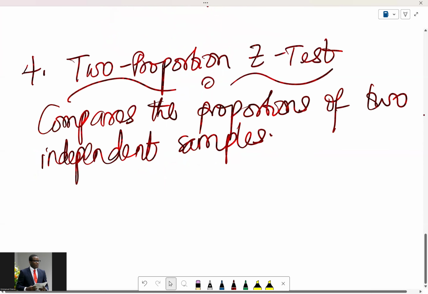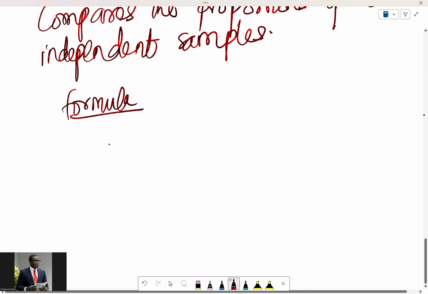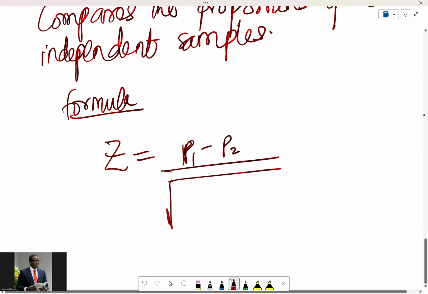And the formula in that case would be this. We have Z, just like the case of means, proportion for the first sample minus proportion of the second sample divided by square root of small p into 1 minus p, all of that into 1 over n1 plus 1 over n2.